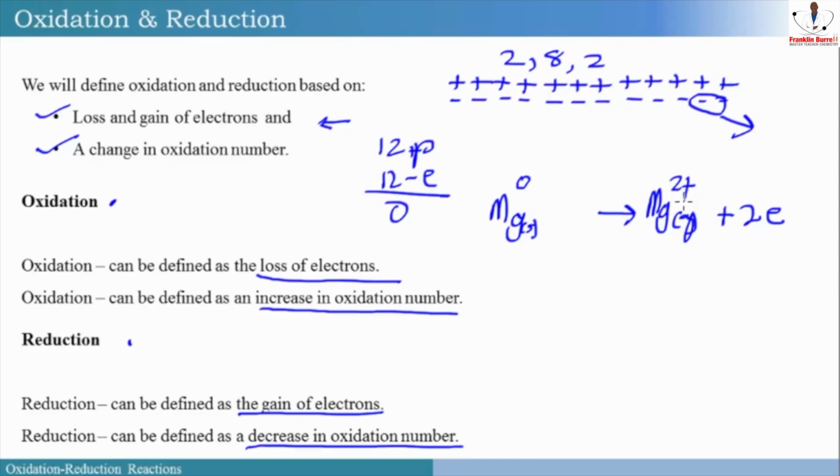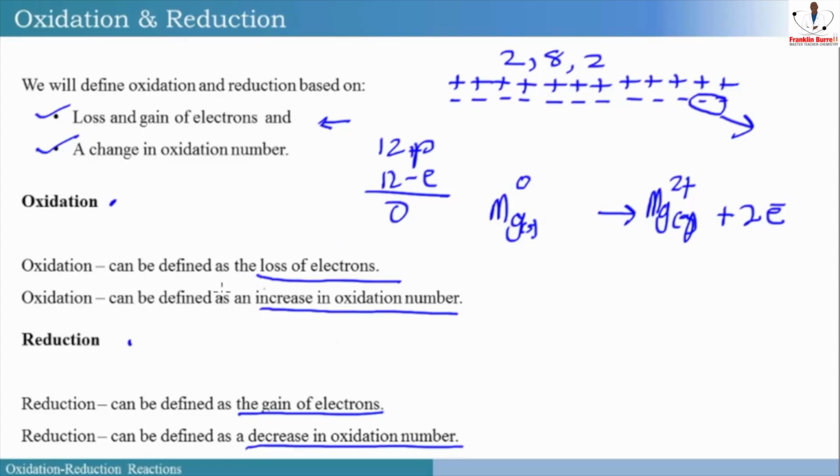So having 2+ and 2-, they will cancel each other to give me 0 on the right hand side of the equation and 0 on the left hand side of the equation. So whenever we have electrons being lost, it means that we are being oxidized. So we must put the electrons on the right hand side of the arrow. I'll show you shortly what happens when we are reduced.